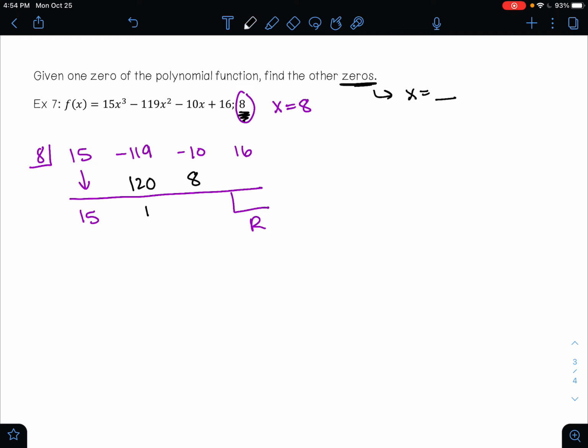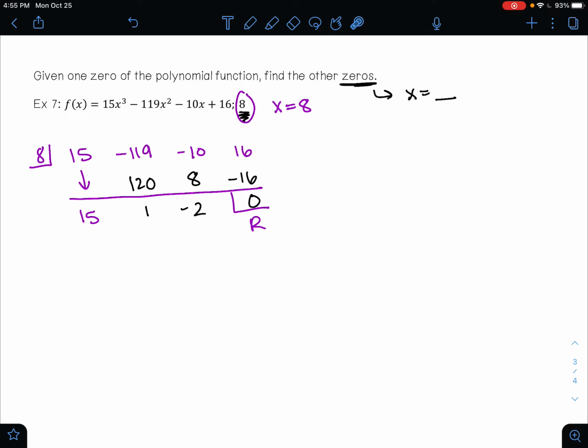Negative 10 plus 8 is negative 2, sorry. 8 times negative 2 is negative 16. 16 plus negative 16 is 0. Again, this is a quick way to check yourself. You know they gave you a 0, so you should get 0 as your remainder.